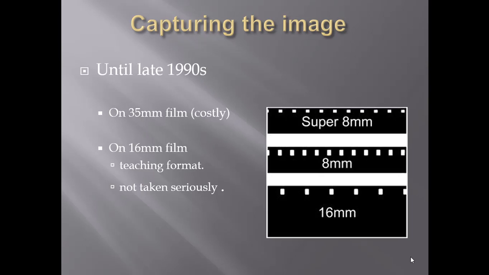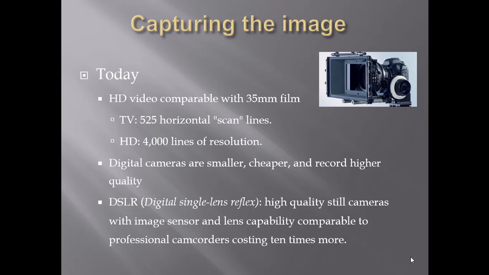Sometimes you can see in films that they are shot on 16 millimeters, blown up to 35 millimeters. And today, thanks to HD video, you can get the same quality or more than what you used to have so costly with 35 millimeter films.